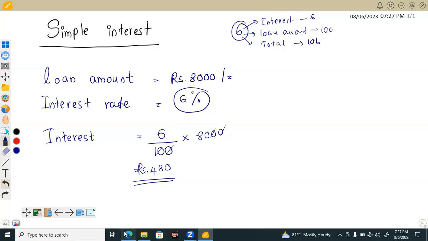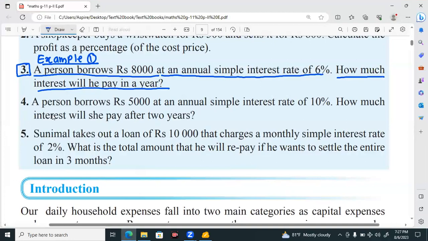Okay, then let's move to the next example. Write down the fourth question. Write it as second example. A person borrows 5,000 rupees at an annual simple interest rate of 10%. How much interest will she pay after 2 years? First of all, write this one.